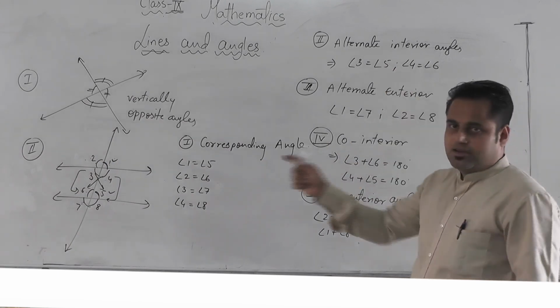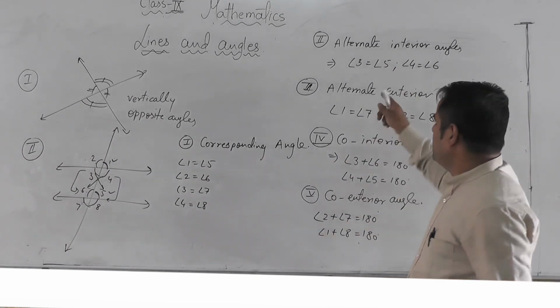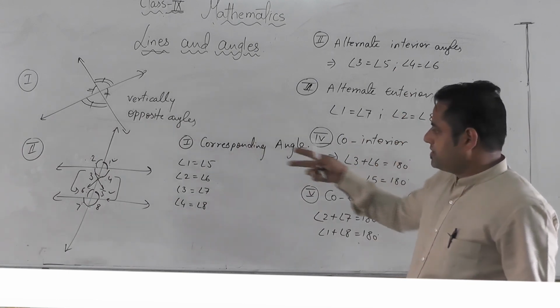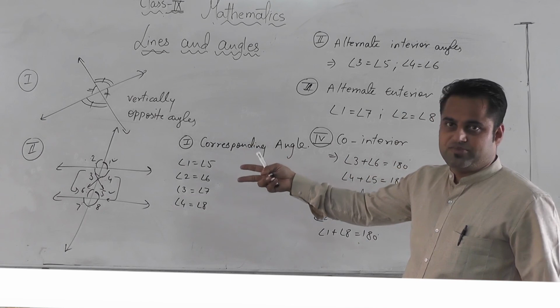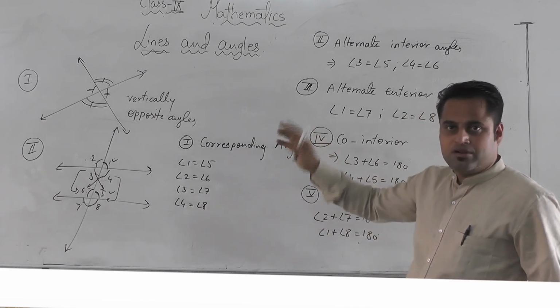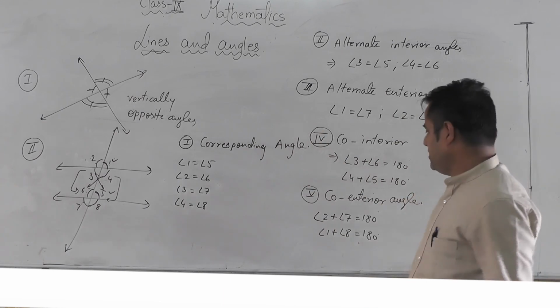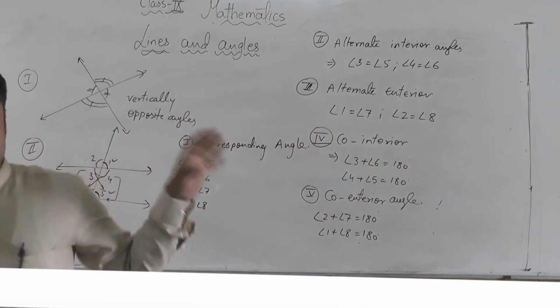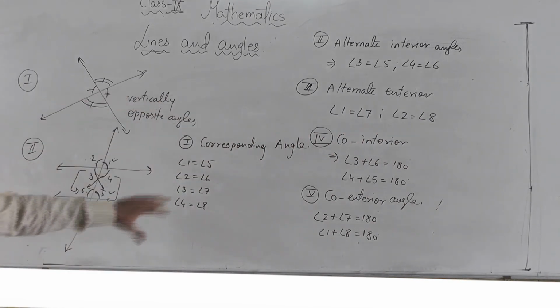Alternate interior: the cross angles of the inner side. Alternate exterior: the cross angles of the outside. Co-interior: the pair of angles of the same side inside, and co-exterior is the outer angle pair of the same side. So this is how these 5 angle types we can define on parallel lines, each applying a different property.